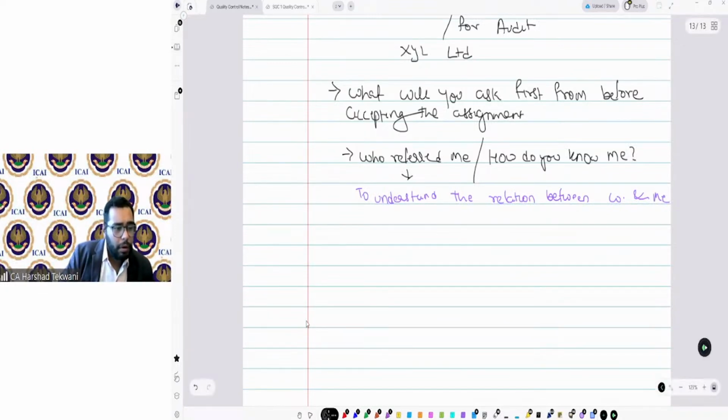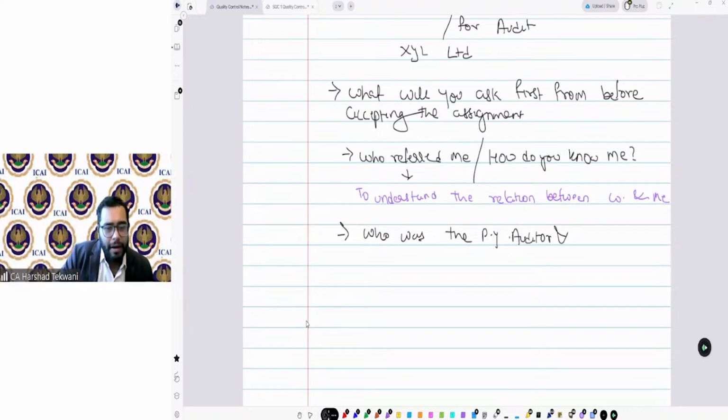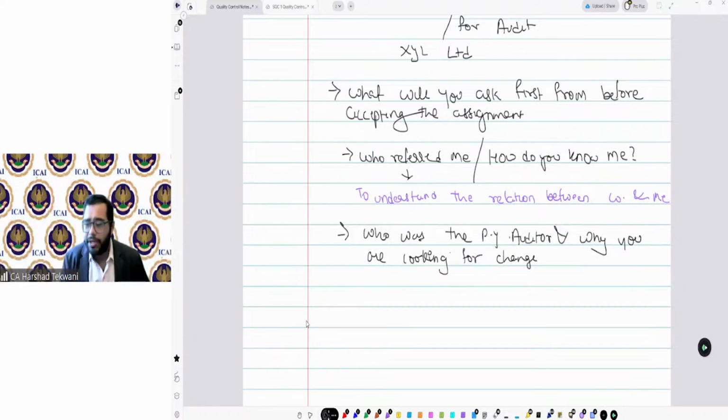Number two, I'll ask, okay, who was the previous auditor and why you are looking for a change. Usually, companies do not change their auditors unless there's a legal requirement to do so.